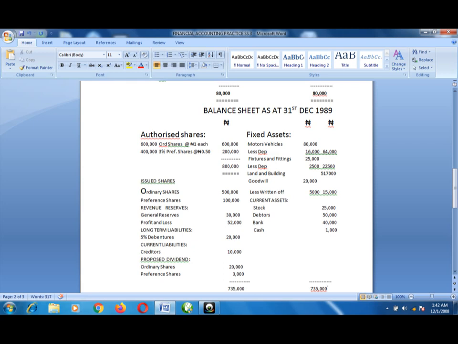It's possible to get the accurate figure that was omitted from the major body of the question. Or if it does not balance, take the difference between the asset and liability side and divide it by 2. When you divide the figure by 2, it's possible to get the accurate figure from your question.